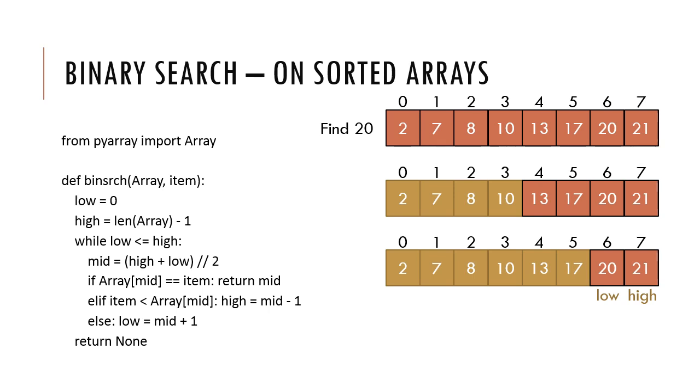So we move into the while loop and we set mid. 6 plus 7 is 13, divide by 2. You get 6.5, mid is 6. Now I compare the mid value with the item and the if condition is true. So I return mid. This is a successful search.